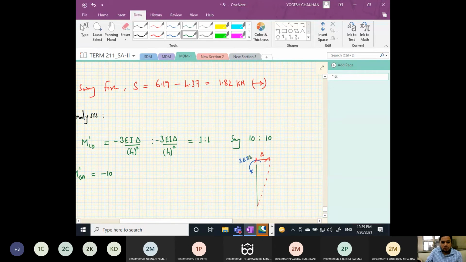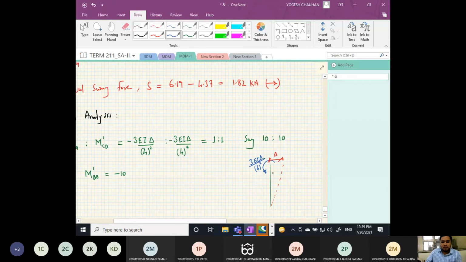So 3 EI delta by 4 square. Okay. Similarly, for the other member also, this will be same. So this will be in anti-clockwise. So we are taking this as negative.